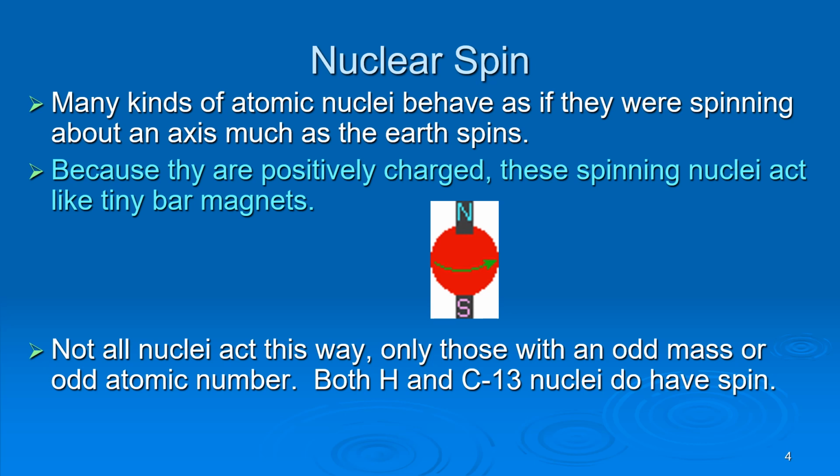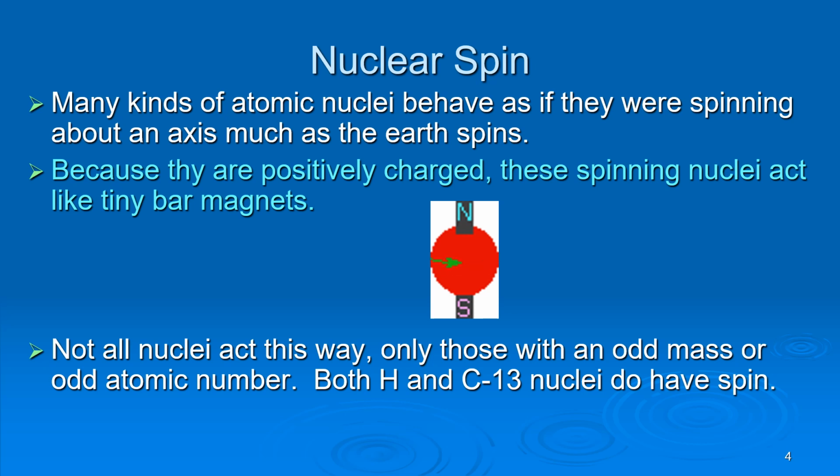All right, so an important thing about NMR comes from the fact that many atomic nuclei spin. They act like they're spinning on an axis, and you can see it spinning right there. So because nuclei are positively charged, they can act like little magnets, so they spin.